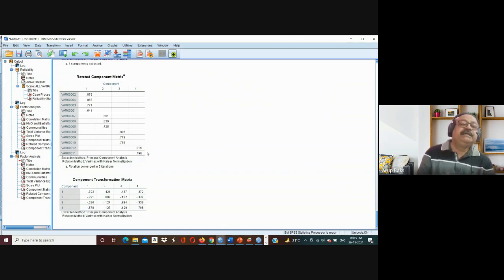We started with 12 variables. So 4, 3, 3, 2. So there is basically no reduction as far as the number of variables is concerned. All the variables were found to be very important for this model, and this model has churned up a 4-factor structure.